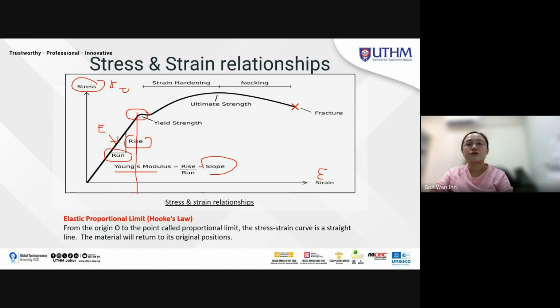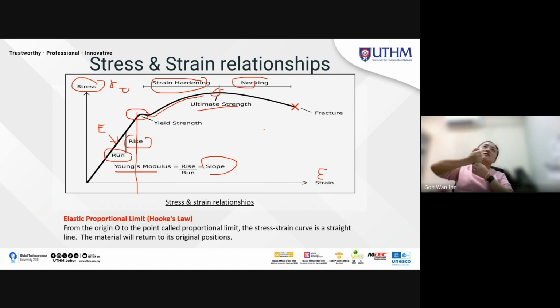After the yield strain, you still pull it and apply stress, so it will elongate with strain hardening. You are not going back to the normal shape. Once you achieve the maximum, the ultimate load, we call it the ultimate strain. After you apply load over the ultimate strain, necking happens.